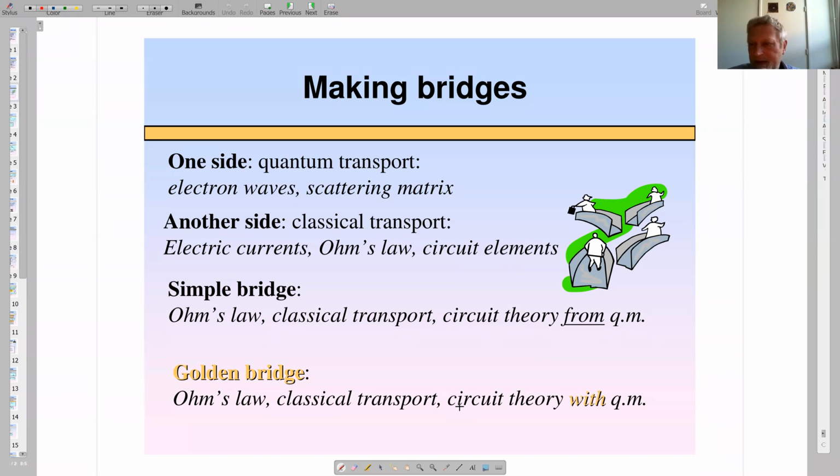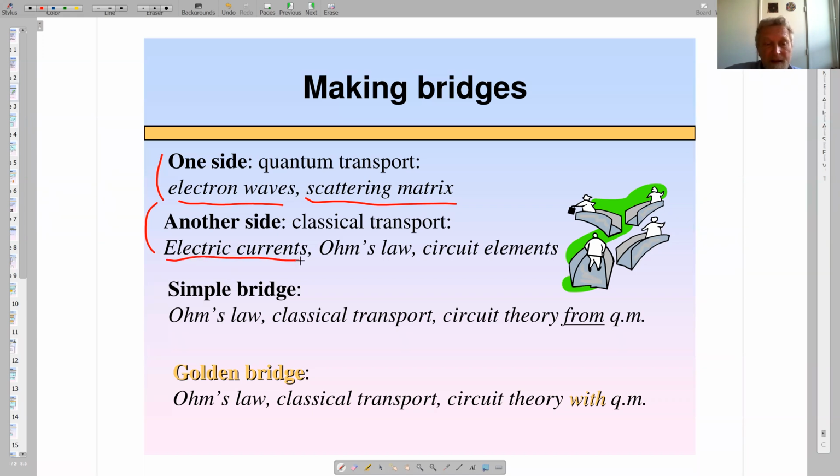Basically, it's yet another outline, but I just want to stress that in this lecture, we are making bridges, in fact, between which shores, between which two sides. One side is quantum transport, where electrons are waves, and transport is described by scattering matrix. On another side, we have classical electron transport.